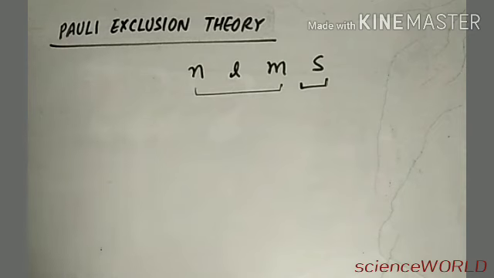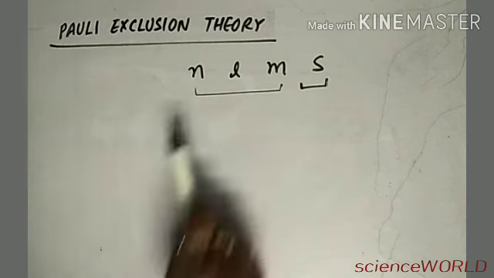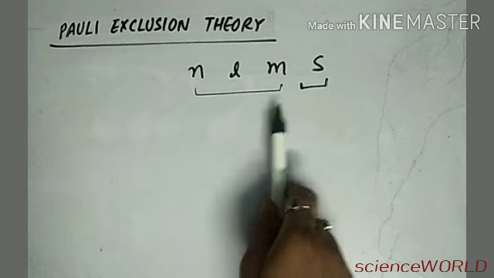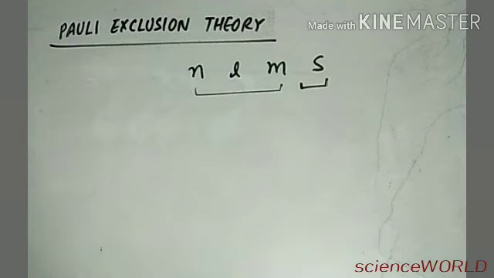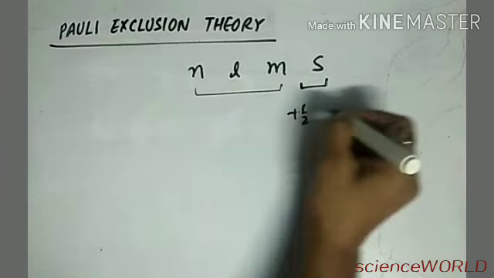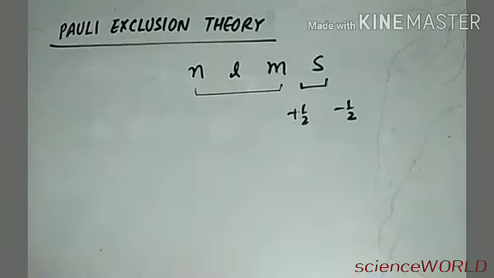If we consider two electrons of the same atom, then all four quantum number values should not be the same, right? If we consider n, l, m values, there is similarity, but there is a difference in the s value. So it will be plus half or minus half, right? So this is the Pauli's exclusion principle.